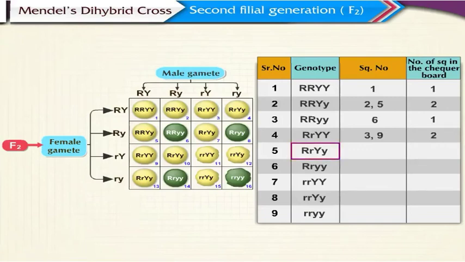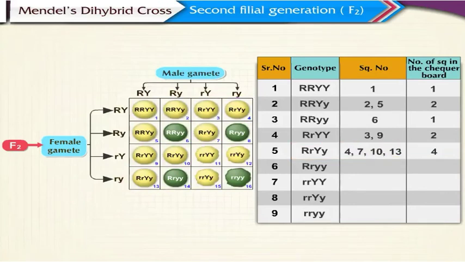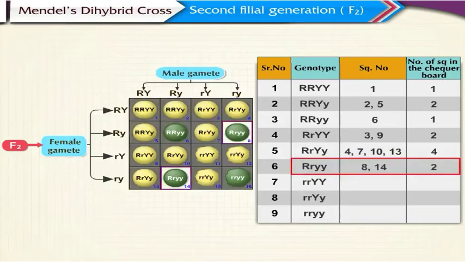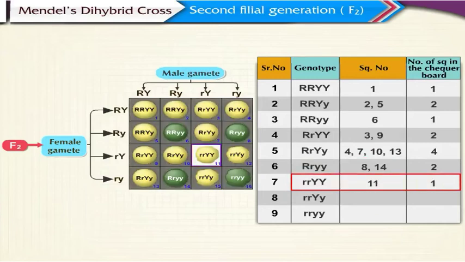Genotype R, small y is observed in 4 squares in the checkerboard numbered 4, 7, 10, and 13. Genotype R, small y is observed in 2 squares in the checkerboard numbered 8 and 14. Genotype r, capital Y is observed in 1 square in the checkerboard numbered 11.